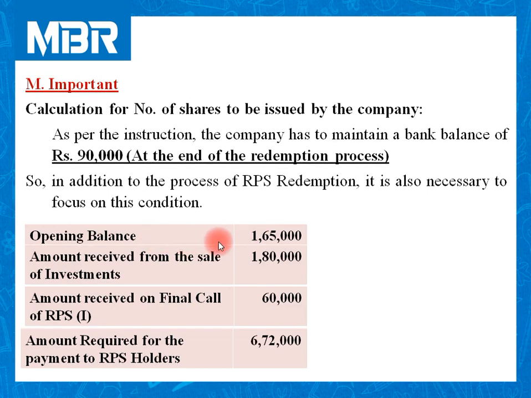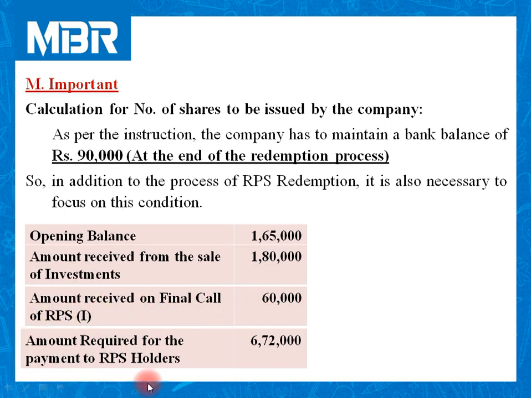Opening balance we have 1,65,000 on the asset side of our balance sheet. Amount received by the company on sale of investment, 1,80,000. Amount received by the company on final call of RPS 1 to convert partly paid shares into fully paid, 60,000.